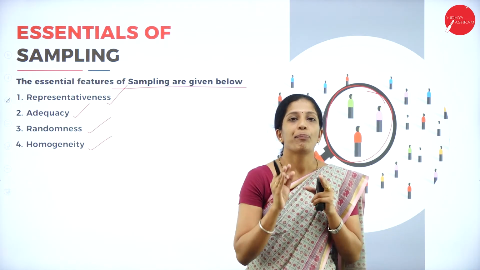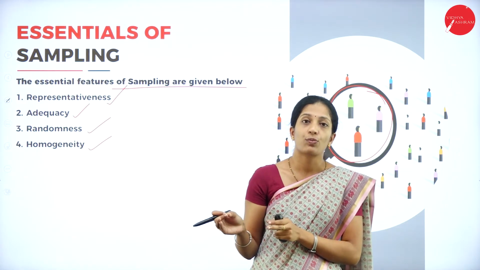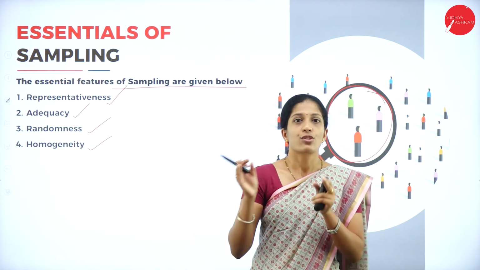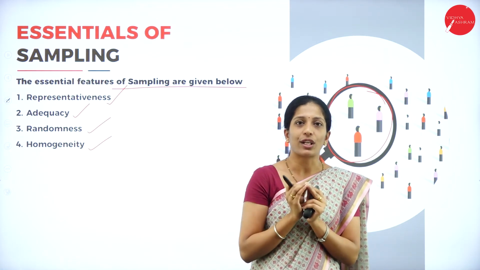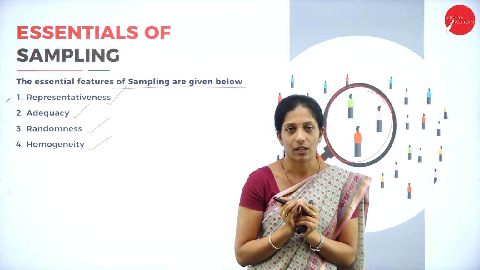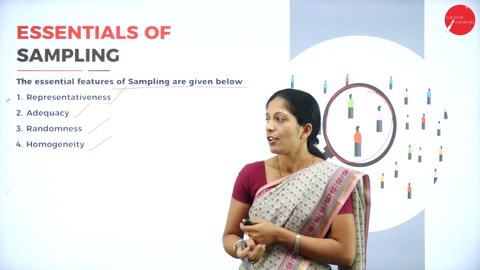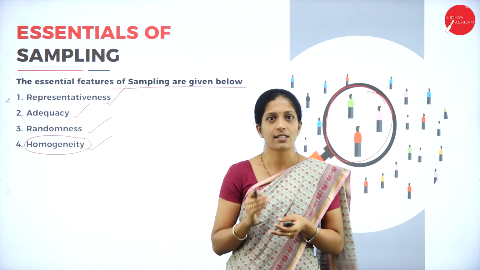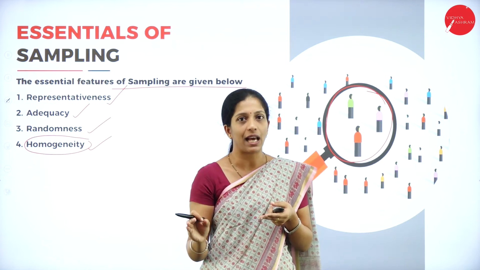In the same way, for parents of the students, they can't collect the information that has to be collected from the parent from the students, correct? So here the population will be parents. Among the parents they are going to collect a few as a sample. So homogeneity means that if they collect a sample, there should be some similarity.